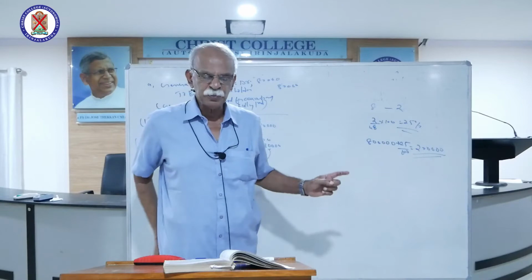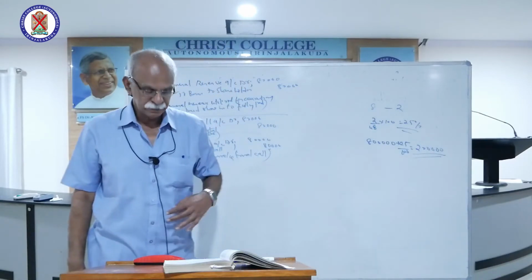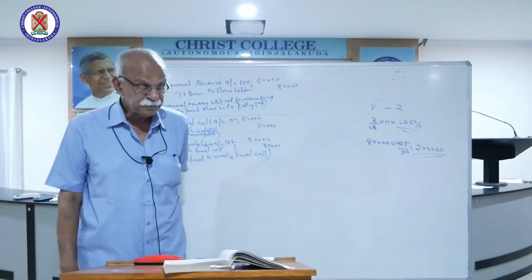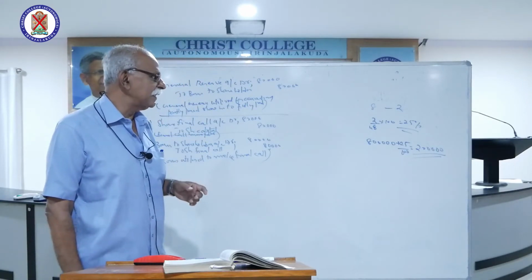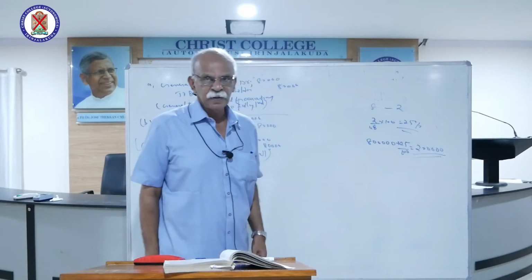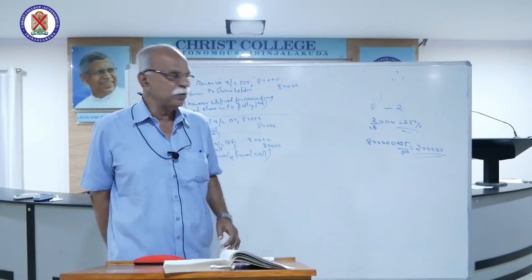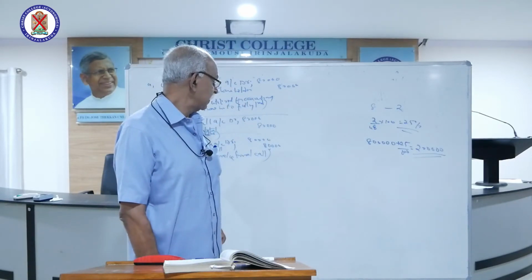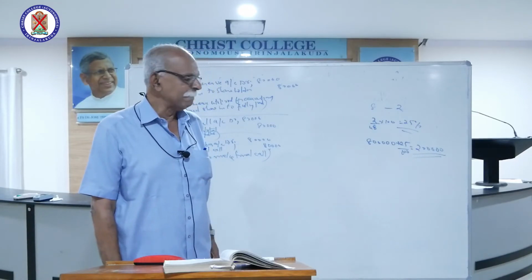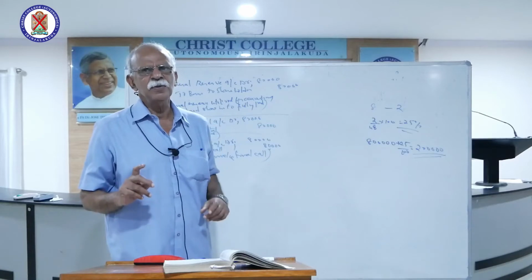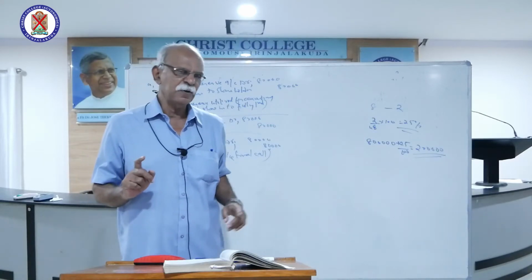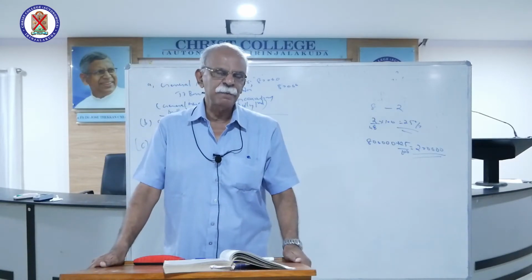I shall explain it once more. Here, for converting partly paid shares into fully paid, you have utilized 80,000 rupees. That is, for one share you have utilized 2 rupees.